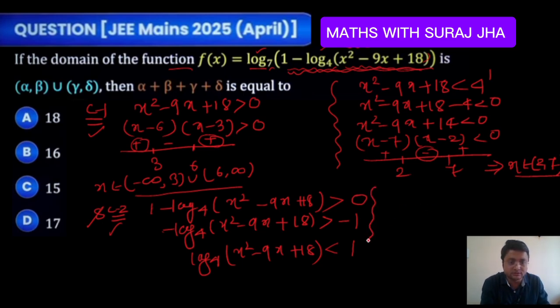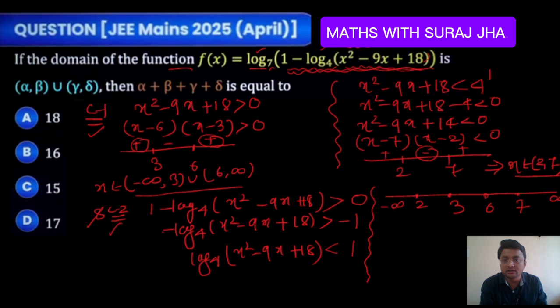See here, draw one number line and write all the points: minus infinity and infinity, and the points 2, 3, 6 and 7. Minus infinity to 3 means a hollow circle at 3.